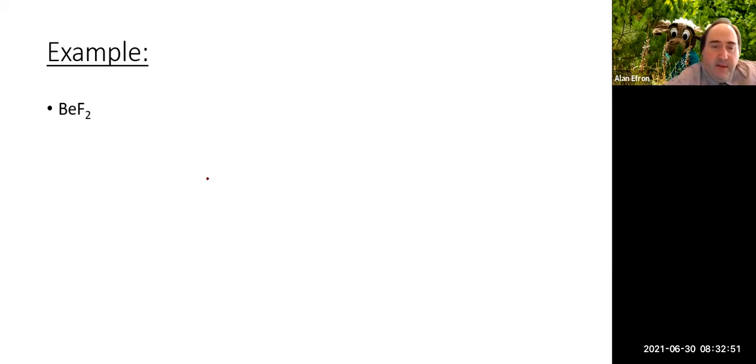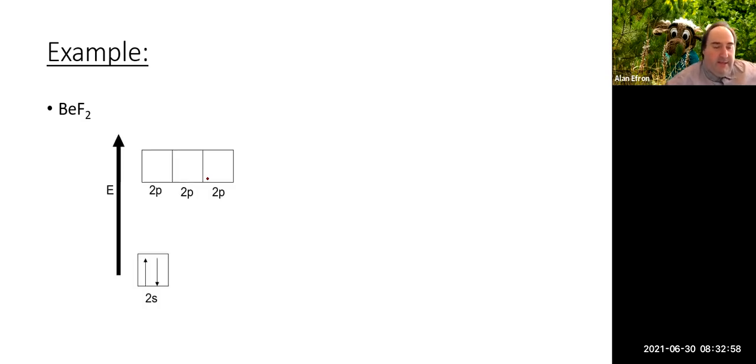BeF2 is our beryllium fluoride here. And if we look at the electron configuration, what we're looking at here is actually the Be atom in terms of its orbital diagram. Remember, Be is number 4 on the periodic table, which means the electron configuration is 1s2 2s2.